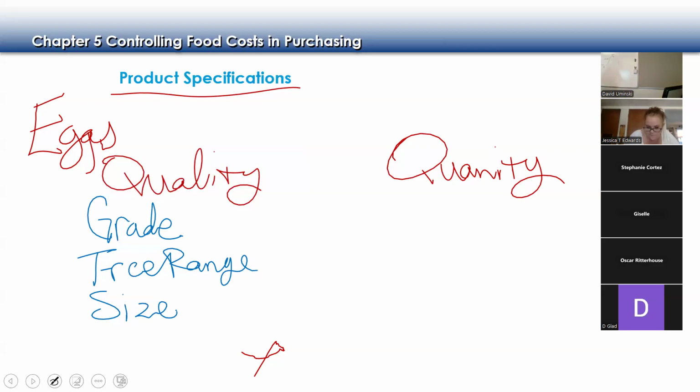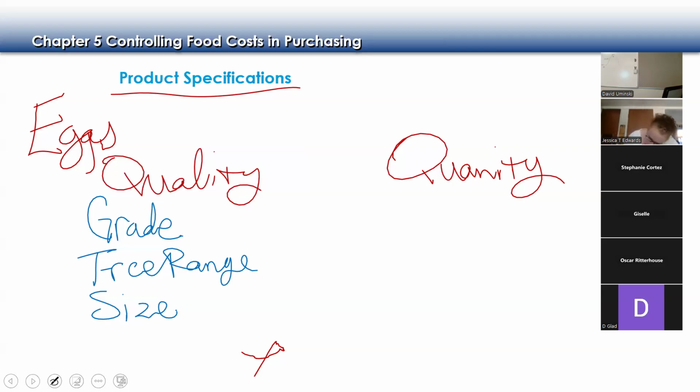It's not exact, but what is the standard size of a large egg? 2 ounces, right? Generally, now baking students may differ because baking is a little bit more precise. That's why a lot of times when you see a recipe, it calls for large eggs because it's more standardized as about 2 ounces of eggs. So the size can make a difference.